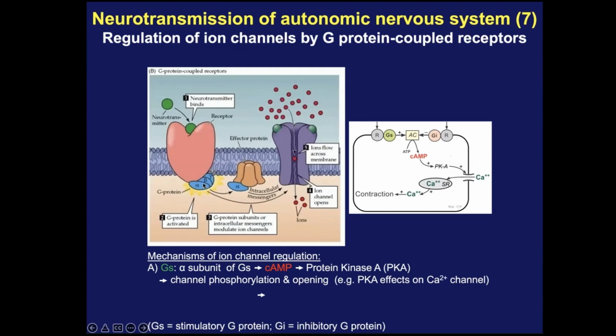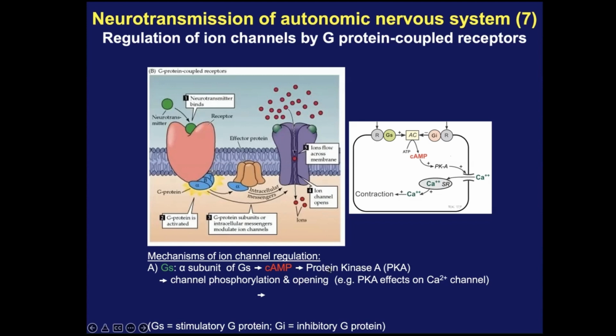And the G protein is composed of 3 subunits, alpha, beta, gamma. In the case of GS, the alpha subunit will activate an enzyme. In this case is the AC, adenylyl cyclase, which produces cAMP.